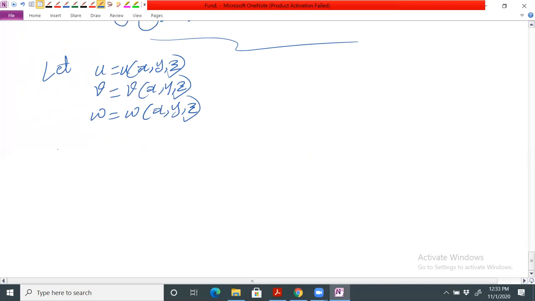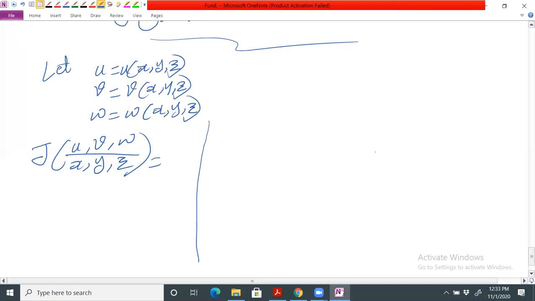Then we have to find the Jacobian J of u, v, w with respect to x, y, z variables.